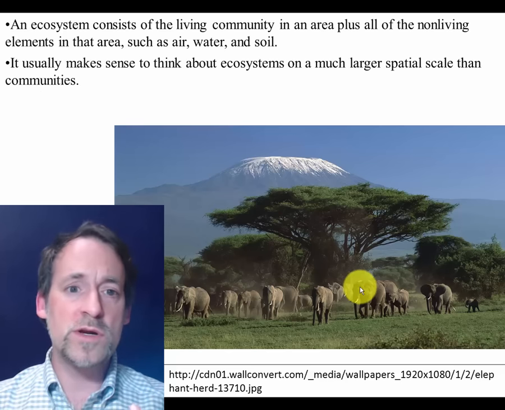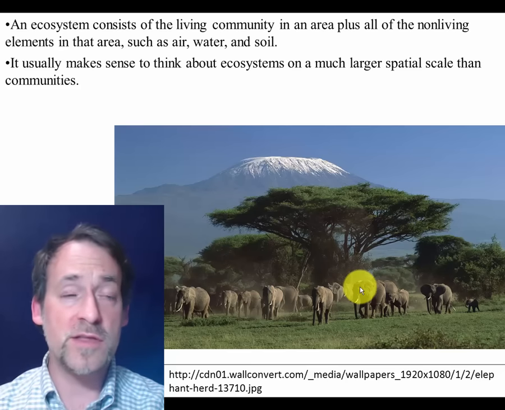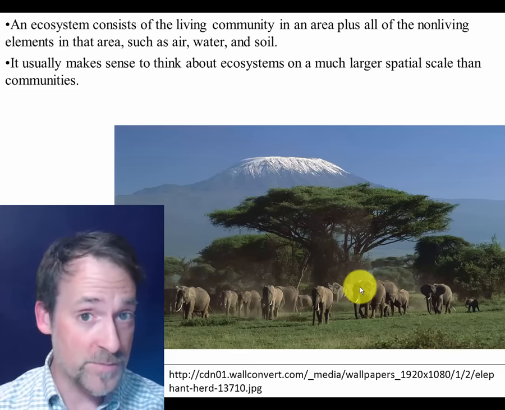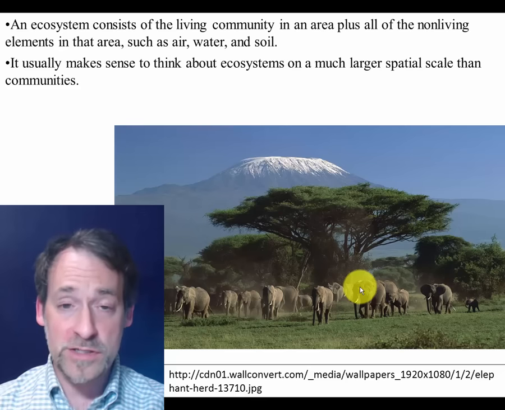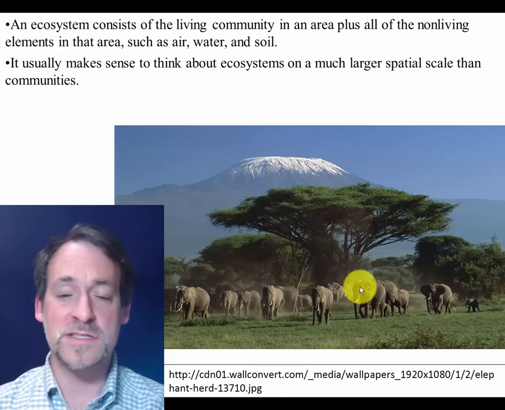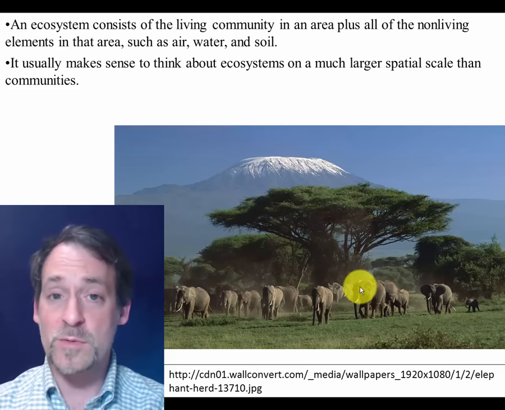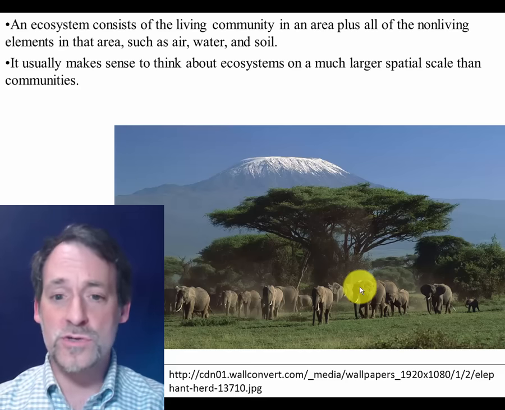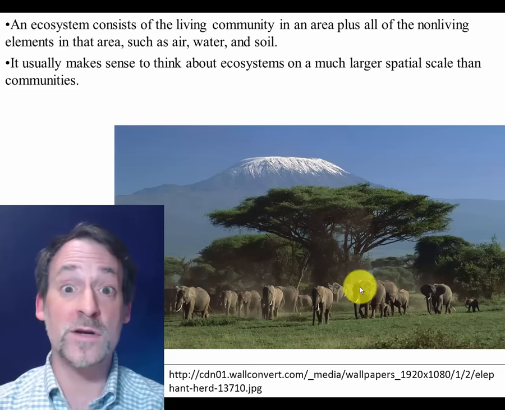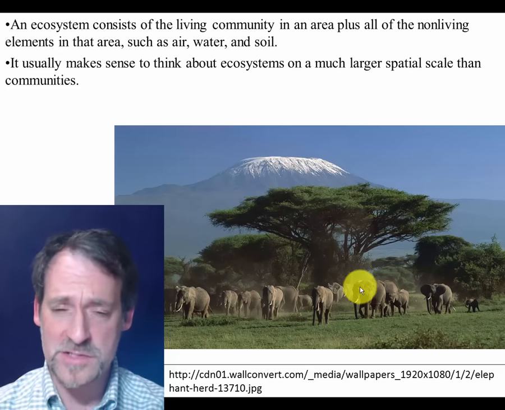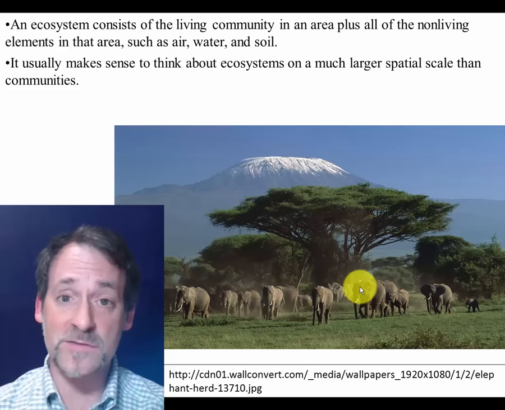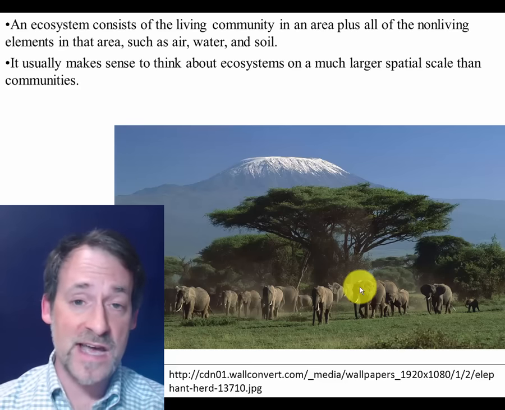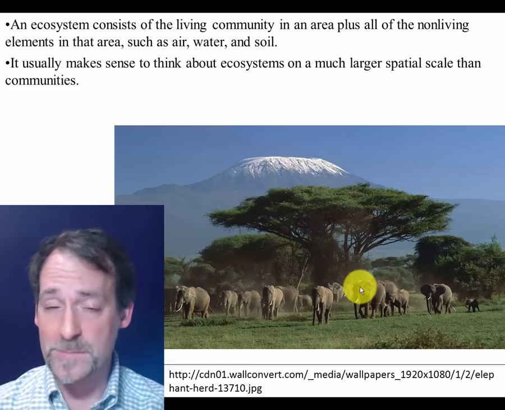And generally, when we're thinking about ecosystems, we're thinking about things on a really pretty big scale. When you're thinking about a community, you might be thinking of, say, a small patch of forest. But when you're talking about things that are happening on the ecosystem level, usually you're talking about very, very large scale patterns. In fact, a lot of ecosystem ecology is at the scale of the entire planet.